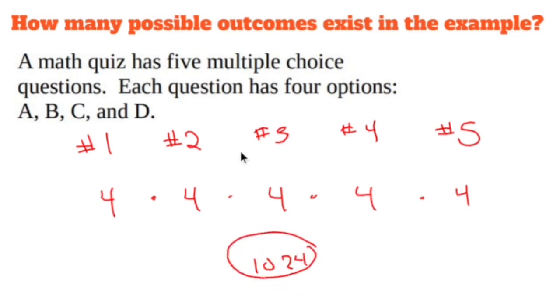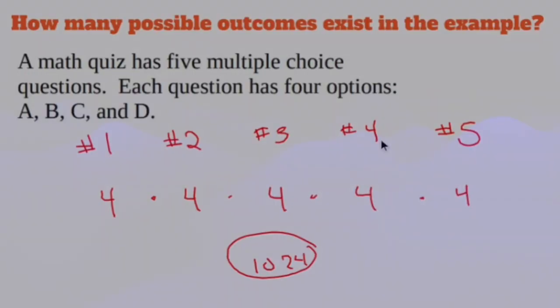So that's how many options there are. So one option is A, A, B, and A, and if you were to do that, you would have to do that 1,024 times. So that's the fundamental counting principle. See, I told you it was fun.